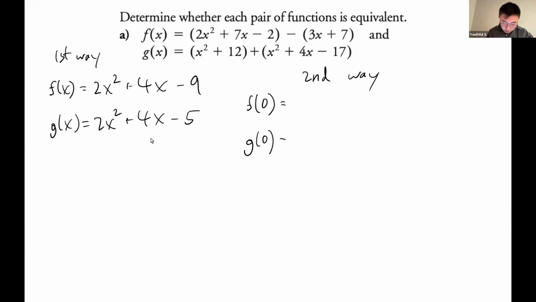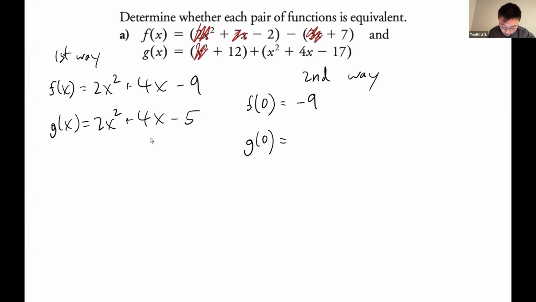And then if I also do the same for g of x when x equals 0, we can see that this is going to get canceled out, this is going to get canceled out, and this is also going to get canceled out. So we just have negative 2 minus 7, which is negative 9.